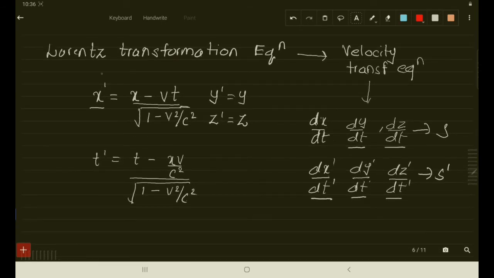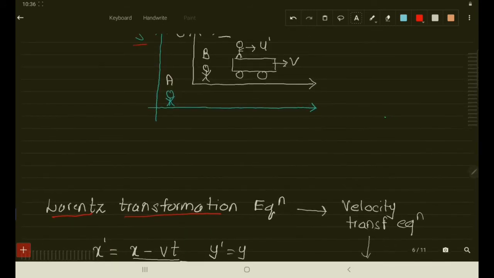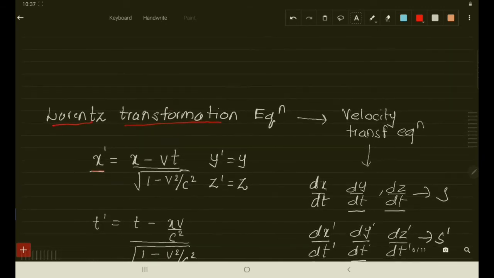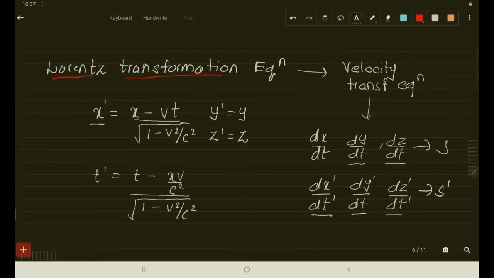Now to obtain the velocity transformation equations, we are going to use the Lorentz transformation equations. According to the Lorentz transformation equation, x dash is x minus vt divided by the square root of 1 minus v square divided by c square. Here x is the direction of motion of the frame of reference, that is, the parallel direction. This is the direction in which both the train and the frame of reference move.